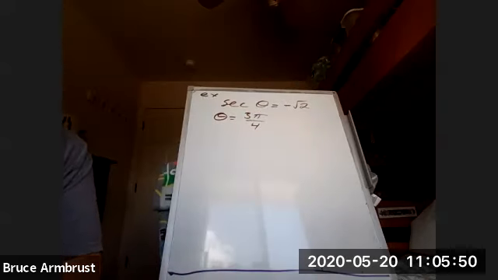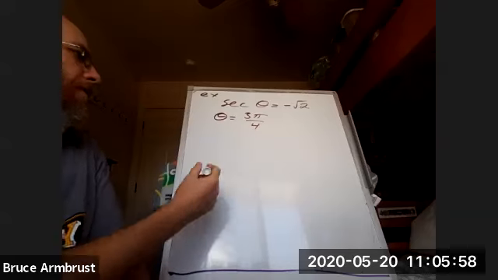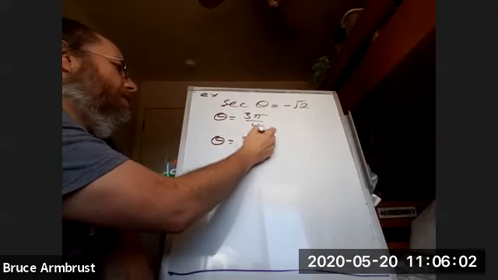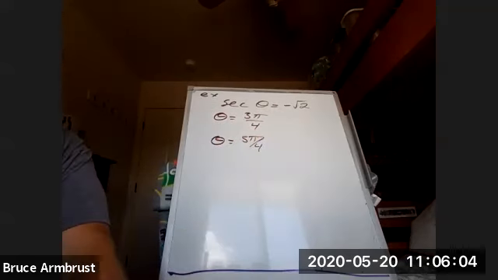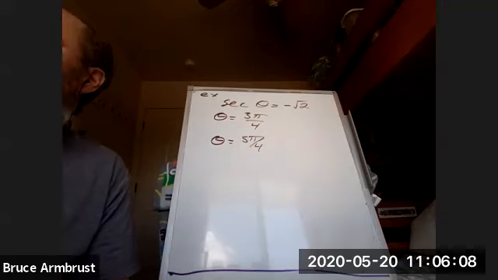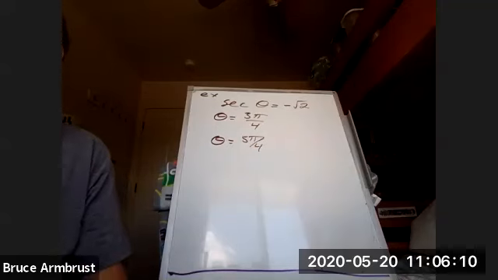So we know that 3 pi over 4 is one of the places where secant is equal to minus root 2. And then if we continue looking down our chart, we go a little bit further. We're going to see another place is 5 pi over 4. And those are the only ones between 0 and 2 pi.